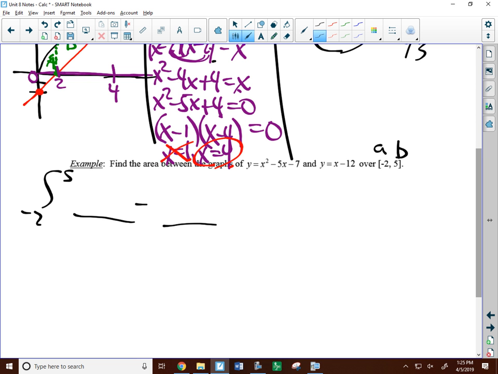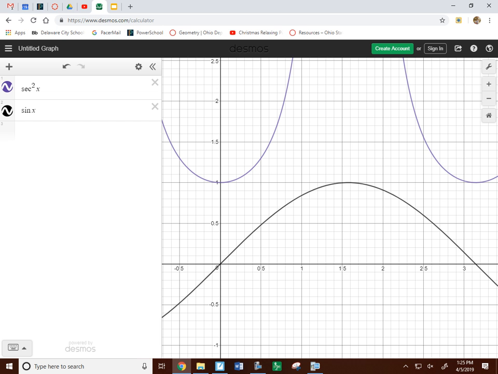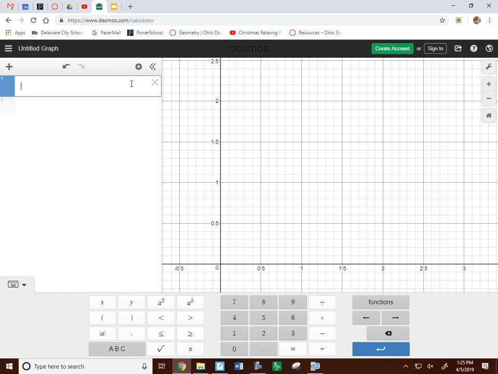We got to look and see which one is which. Could be, but there's going to be something with this one that we'll see when we graph it. So if I graph x minus 12, x squared minus 5x minus, oh, that's 5x minus 7.